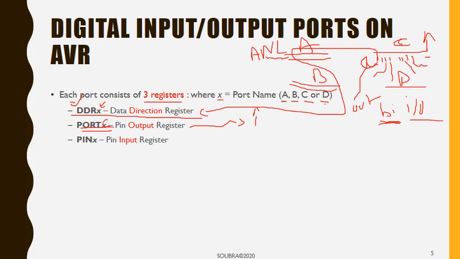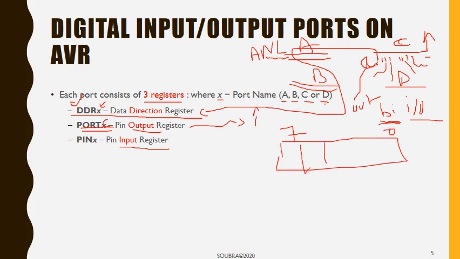Right? And because we have an output register, we also have an input register as opposed to the output register. Question: how many bits for each register? Answer: we have 8 physical pins here, so we'll be having 8 bits.